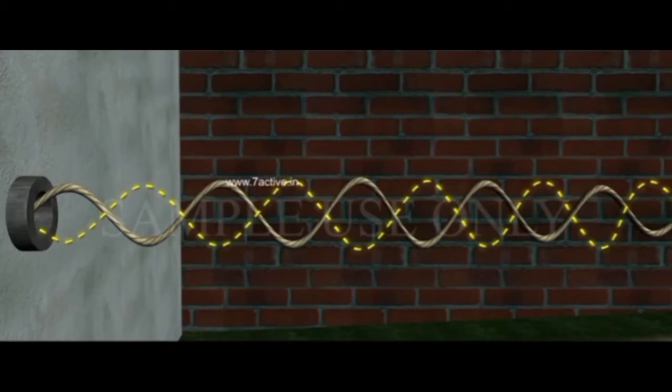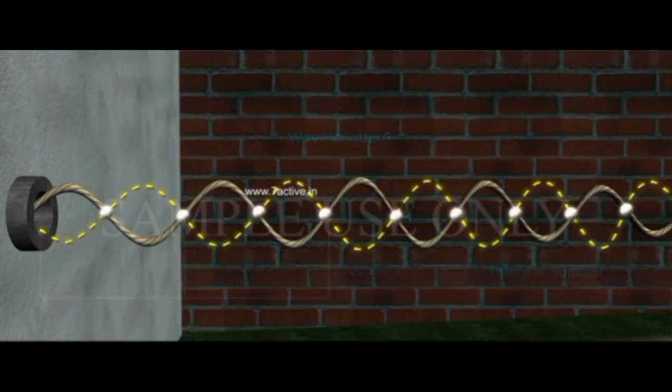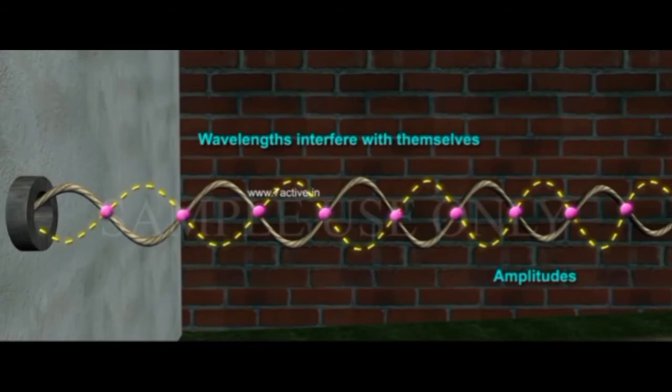Also, in a string, standing waves are formed only when the total distance traveled by a wave is an integral number of wavelengths. Waves with other wavelengths interfere with themselves upon reflection, and their amplitudes quickly drop to zero.